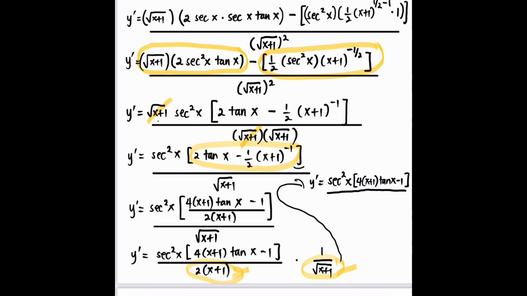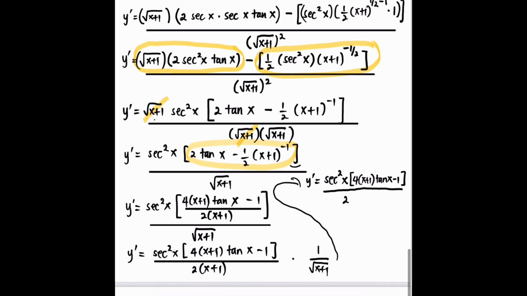And by multiplying them, it will give us 2 times x plus 1 to the power of 3 over 2, because 1 plus 1/2 is 3/2. Actually, this is the answer. That's in factored form.